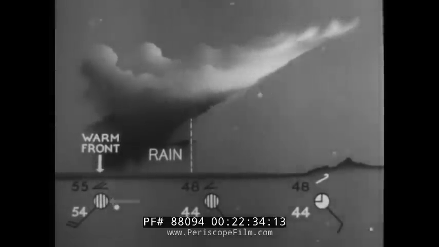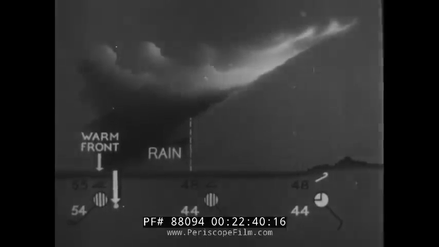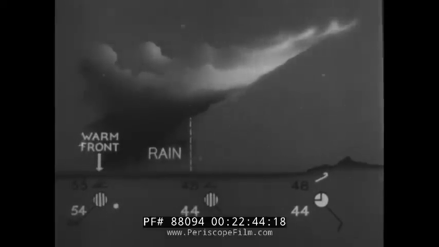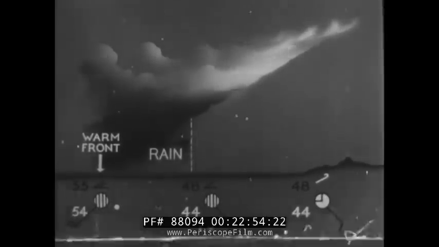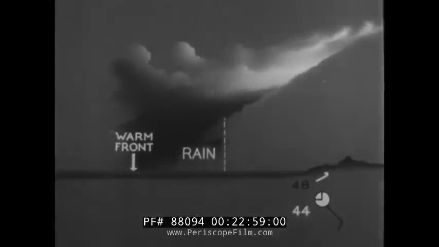Note the report of rain at this station within the last hour. Note, too, the increase of wind force as the warm front is approached, and the change of wind direction at the warm front itself. But a similar series of events will be experienced at any one station in the path of the advancing front.